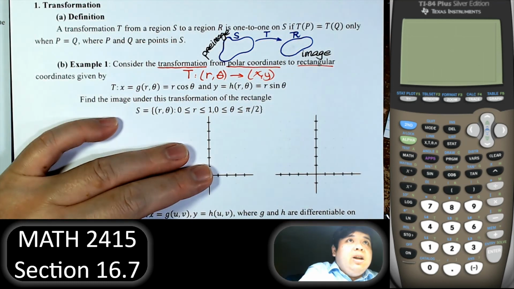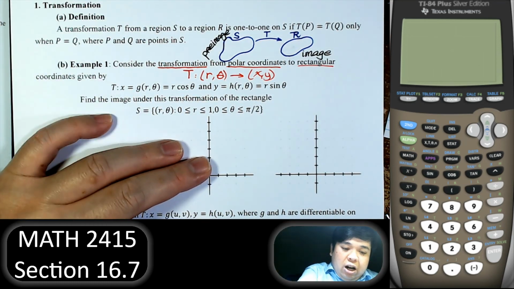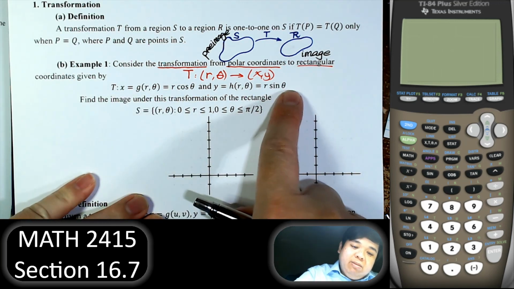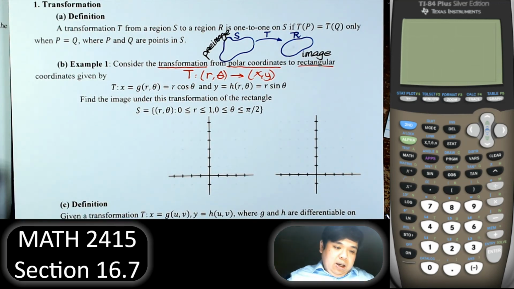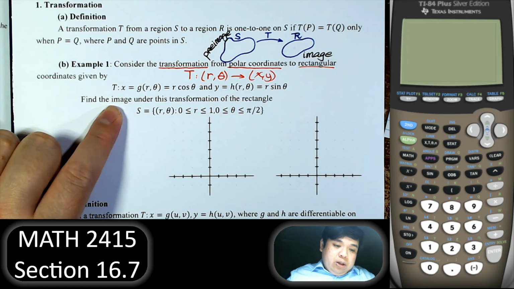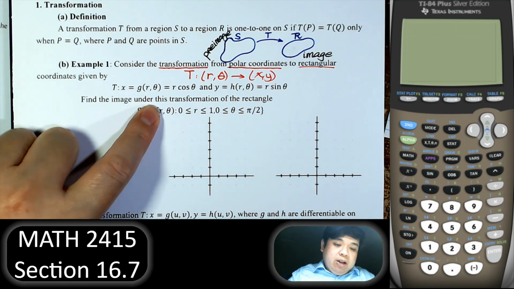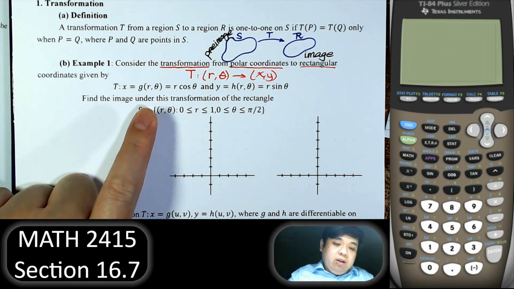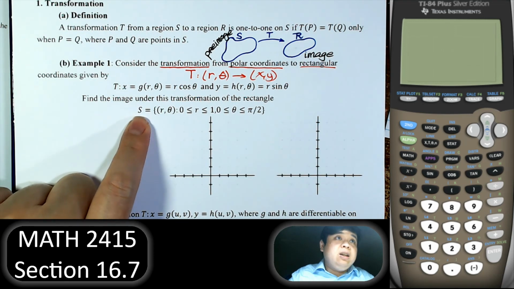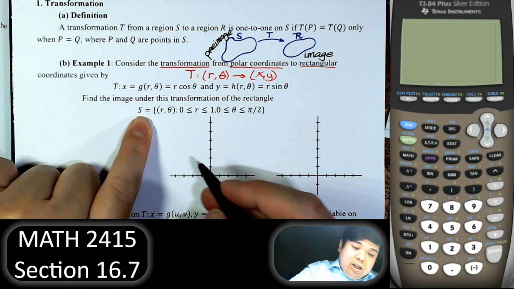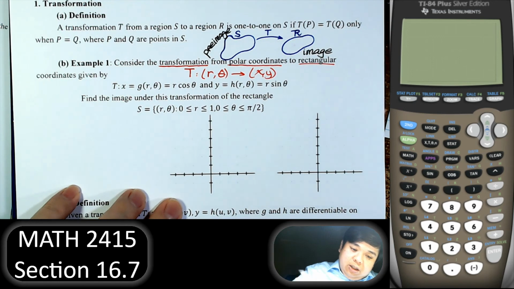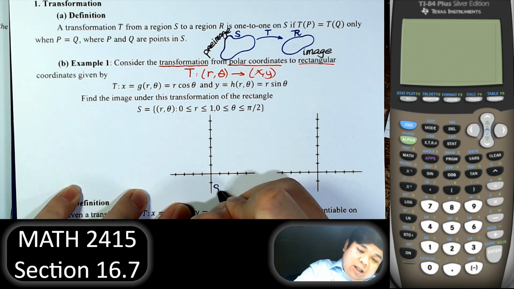So this is a transformation from r theta to xy given by that. Find the image. We don't know the image of this transformation. If the pre-image is this, the pre-image is S.